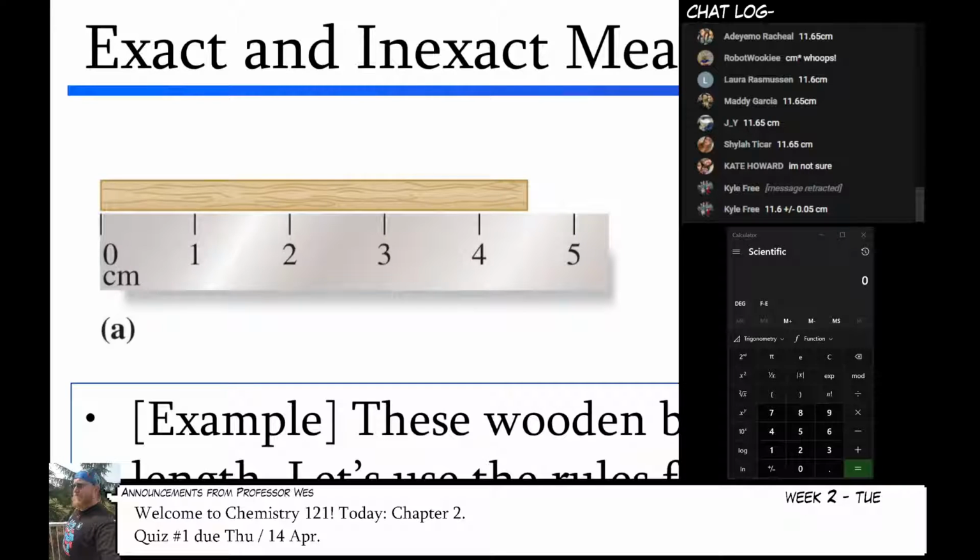Tell me what your answer is. All right, we got a bunch of numbers. Let's follow the rules and we'll get the answer here.